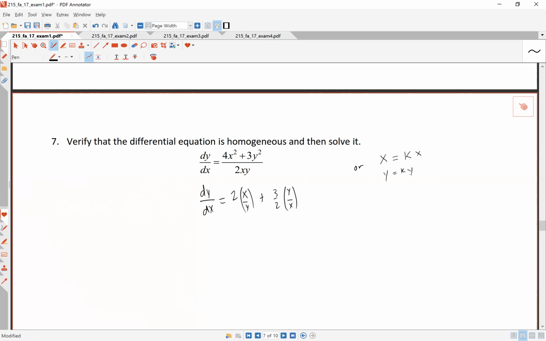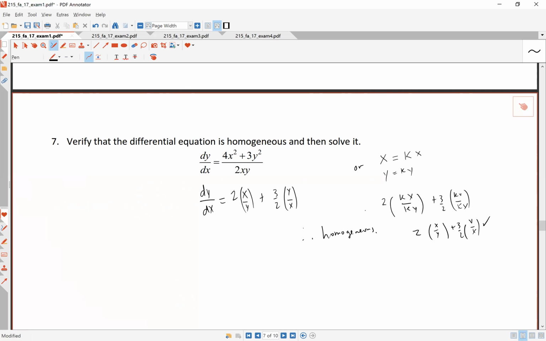And if those constants cancel out and you get the same thing, 2 times kx over ky plus 3/2 ky over kx, if those k's cancel out and nothing's changed, that's what we call homogeneous. Okay, so therefore this is homogeneous.